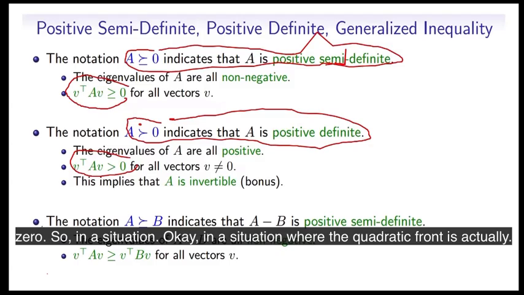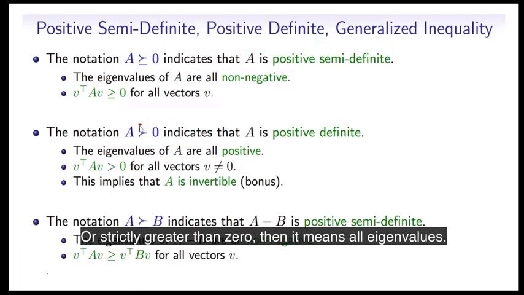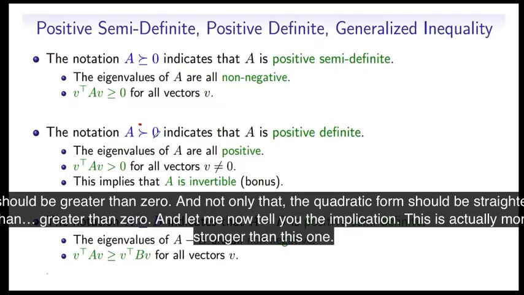So in a situation where the quadratic form is strictly greater than zero, it means all eigenvalues should be greater than zero. And let me now tell you the implication.